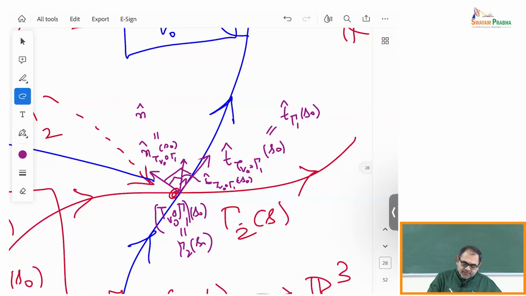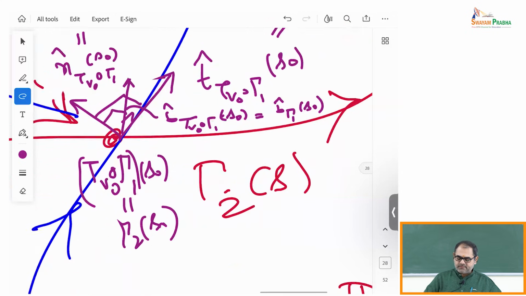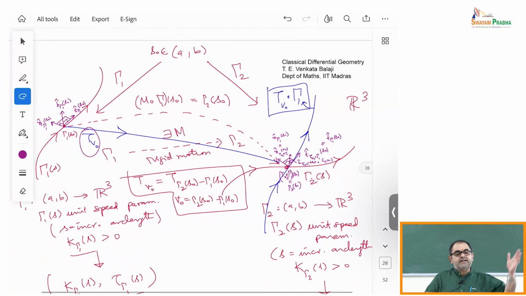So I will just write it as n cap gamma 1 of S naught, and this guy here, T V naught circle gamma 1 S naught, will be the same as b cap of gamma 1 of S naught. Okay, so this is the Frenet-Serret frame I get for the translated curve.